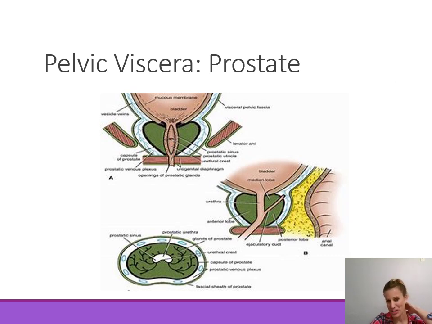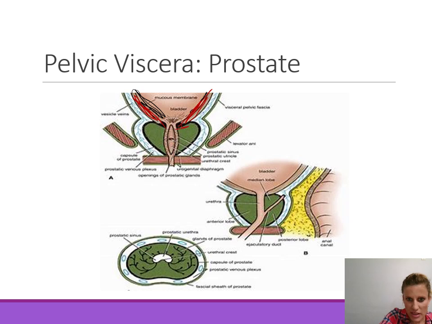And we see generic pictures of the prostate just to give us an idea of the overall relationship between the prostate and some of the surrounding structures. Here we see the male urinary bladder, and just inferior to that is the prostate.